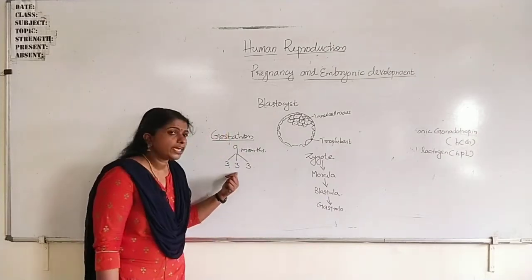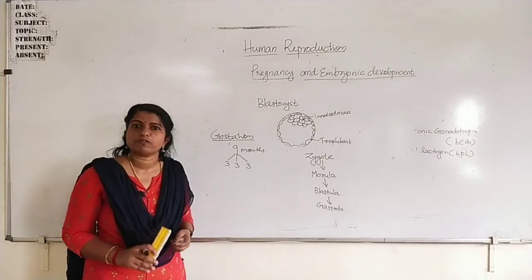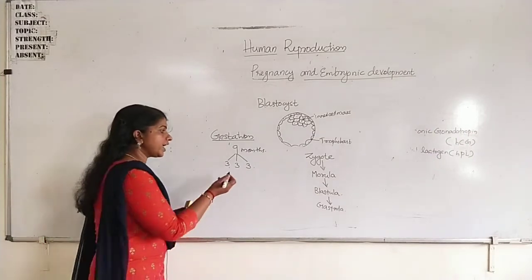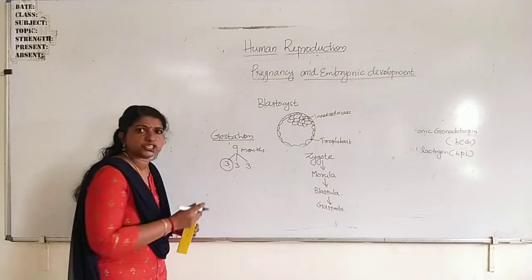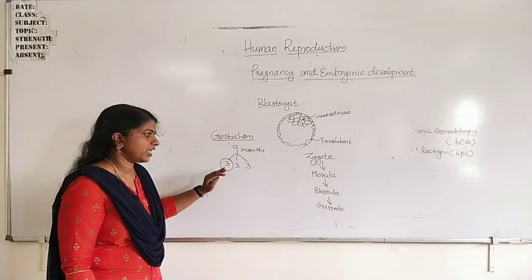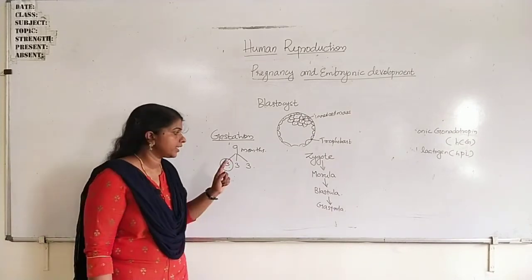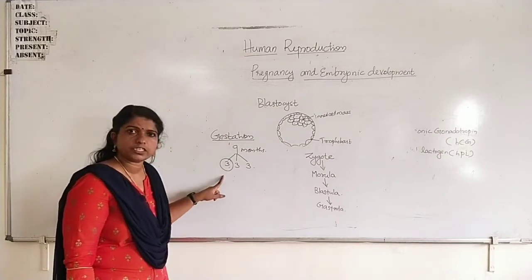By the end of the second month, limbs and digits are formed. And by the end of the first trimester, major organs are developed. That means limbs, external genital organs, all these are developed after the first trimester.